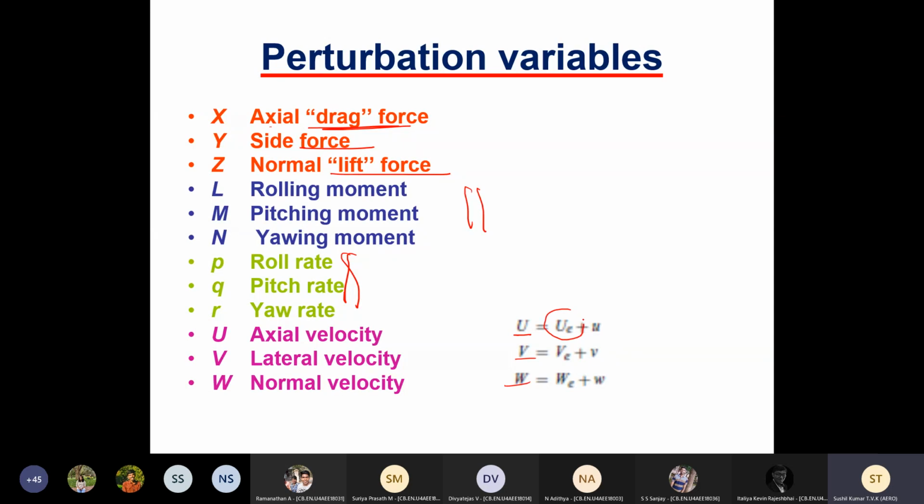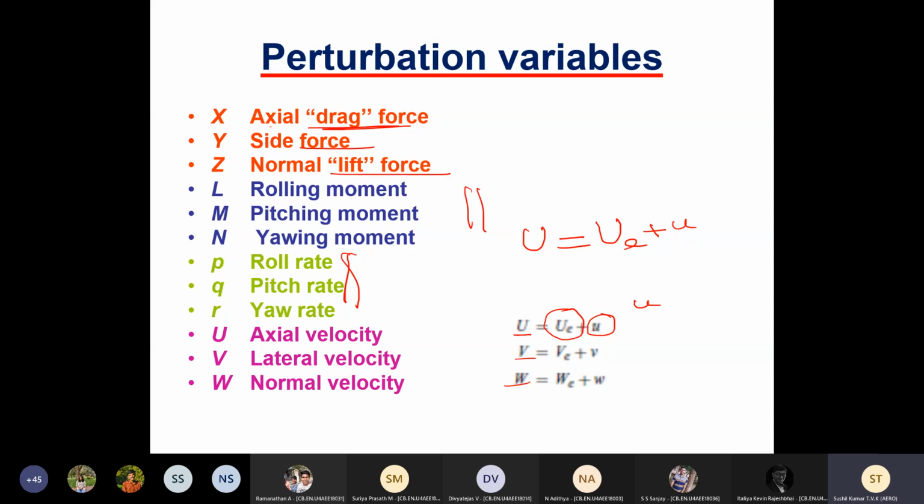Now, if you look at the axial velocities, U, V, W has two components. One is the equilibrium component and then the perturbed velocity component, small u. So u in the perturbed state: initially it was flying with some velocity ue, and then you have a small perturbation u. This can be positive or negative. The important thing is it has two components. Don't be under the impression that equilibrium means zero velocity.